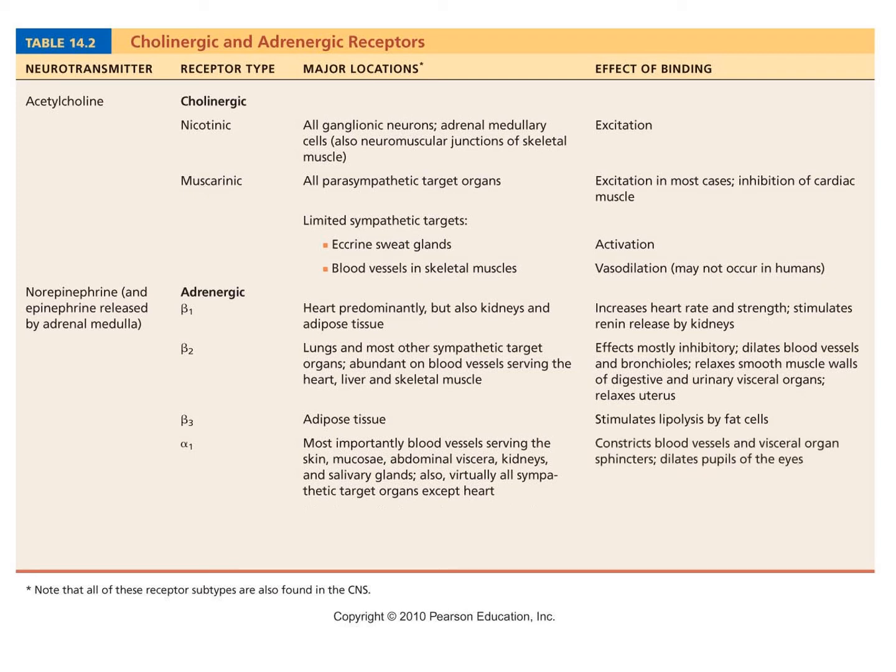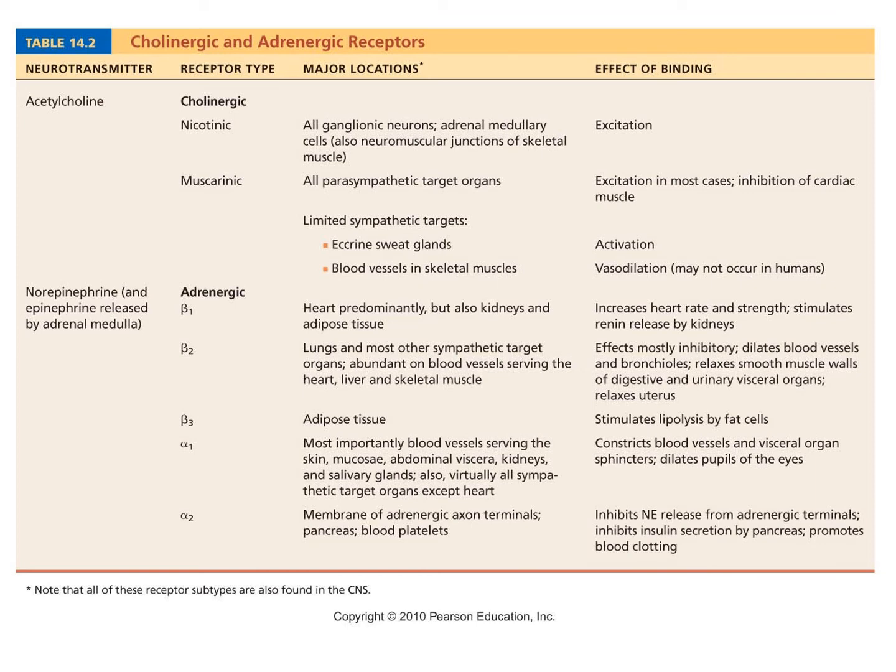And so the effective binding is excitation, so it'll constrict blood vessels and visceral organ sphincters, and by the constriction of the smooth muscle in the pupils, it will dilate the pupils of the eyes. Alpha 2 receptors are in the pancreas and in blood platelets, and it will inhibit norepinephrine release from adrenergic terminals. It'll inhibit insulin secretion by the pancreas, and it'll promote blood clotting.